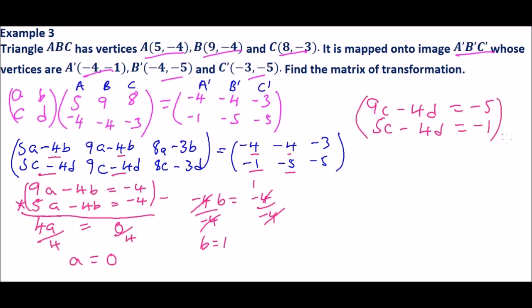We have a matrix of values. So A is 0, B is minus 1, C is minus 1, D is minus, the matrix of transformation.